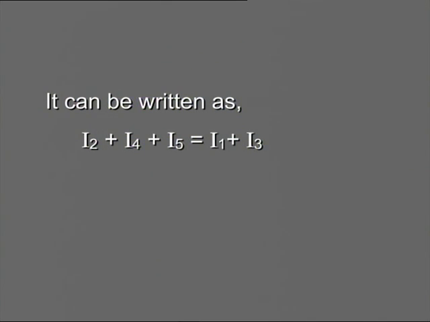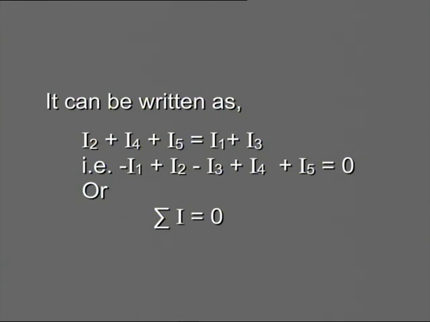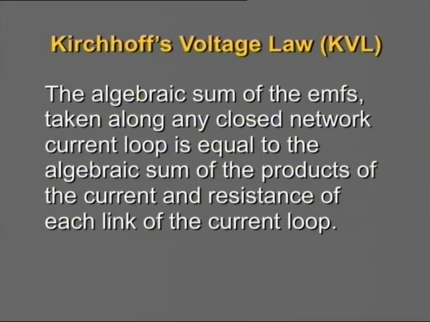As there is no accumulation of charge at the junction, it can be written as I2 plus I4 plus I5 is equal to I1 plus I3. That is, minus I1 plus I2 minus I3 plus I4 plus I5 is equal to 0, or summation of I is equal to 0.